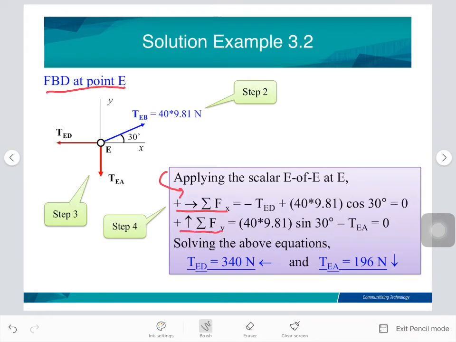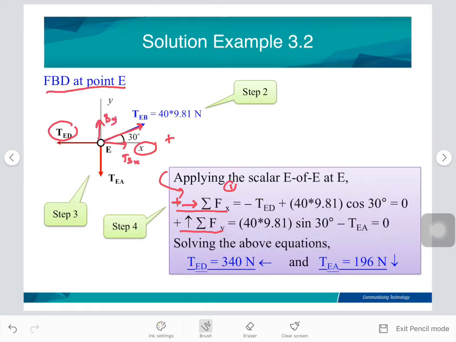First, the summation of force in X. We consider the X direction as positive. Now we want to write the force in X. Here we have TED, and the force TEB component X. So this is TEB. What is the component X? We have TBX, and second, we have TBY.